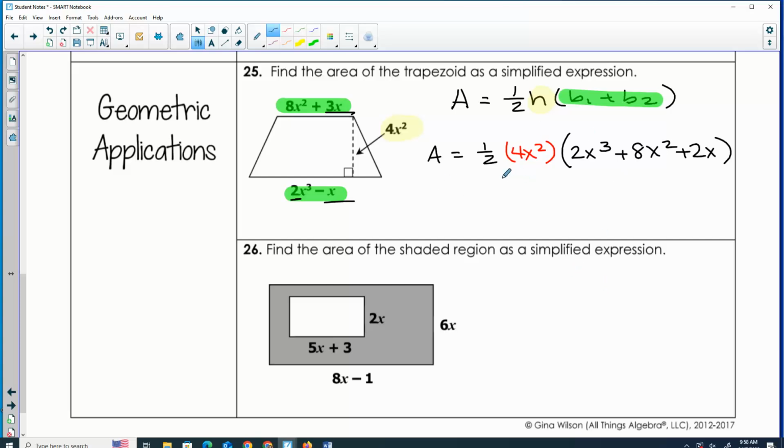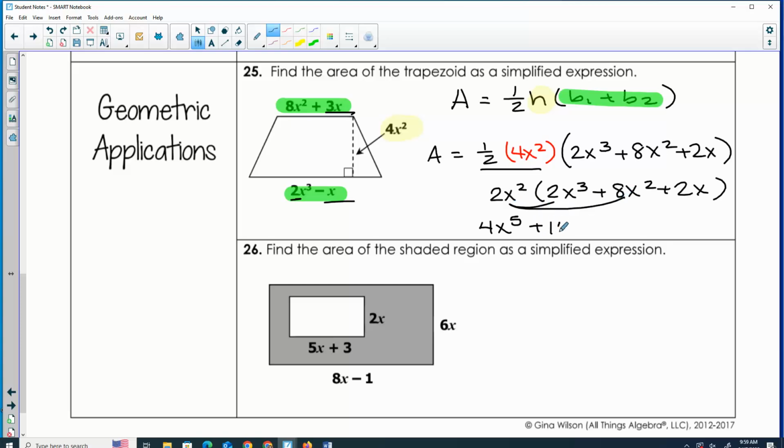Alright, so if I'm going to work this out, first let's do 1/2 times 4x squared. So 1/2 times 4 is 2. So it'll be a 2x squared. Then we just have to distribute. So 2x squared times 2x cubed, 4x to the 5th. 2x squared times 8x squared.